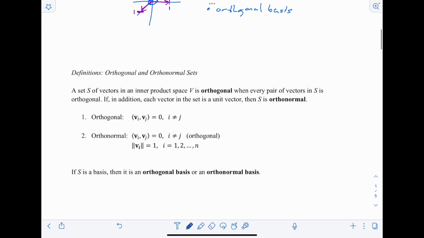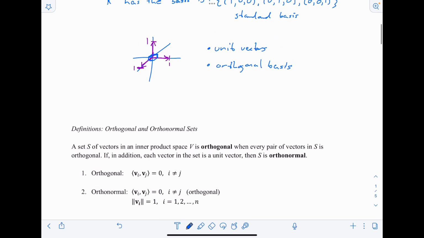But if we continue, it goes on to say, if in addition, each vector in the set is a unit vector, then S is orthonormal. So orthogonal is one type of basis, but in this case, because it is both orthogonal and consisting of only unit vectors, that makes this an orthonormal basis. That is the work that we're going to be doing in this lesson, talking about these orthogonal and, more specifically, the orthonormal bases.